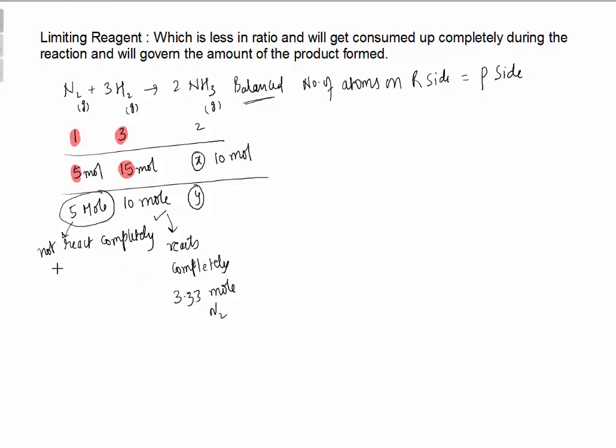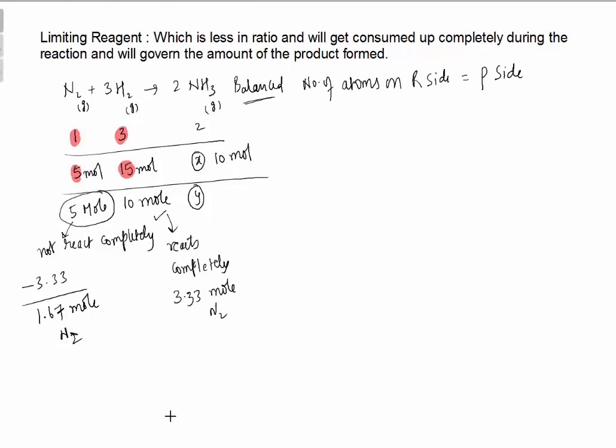That means 5 minus 3.33 will give you 1.67 mole N2. N2 will be left unreacted. A point to be remembered. Please remember, 10 mole of this will require 3.33 N2. That means 1.67 N2 will be left out.